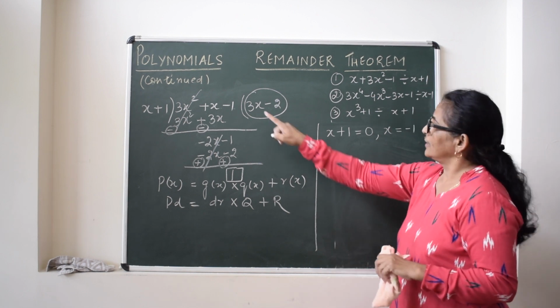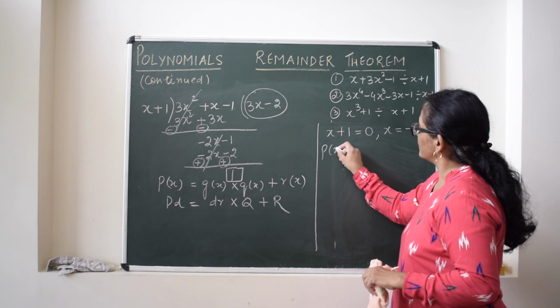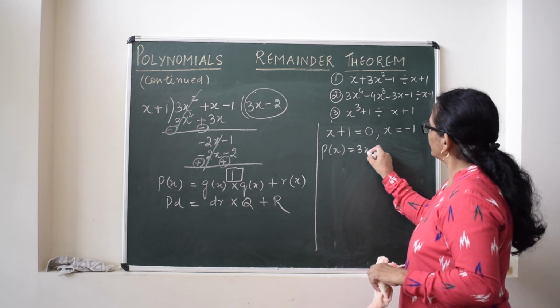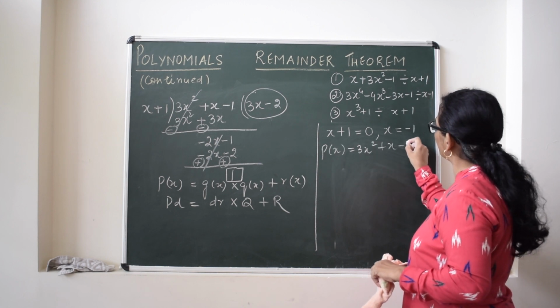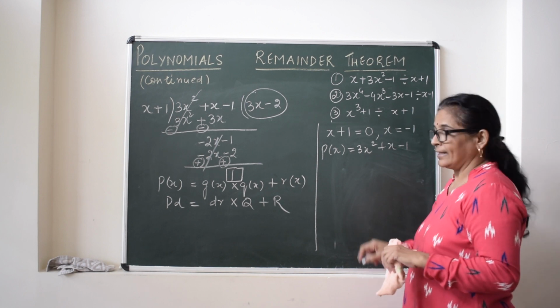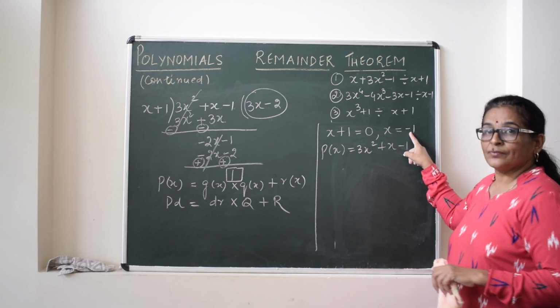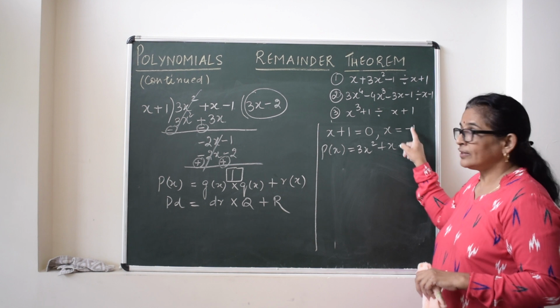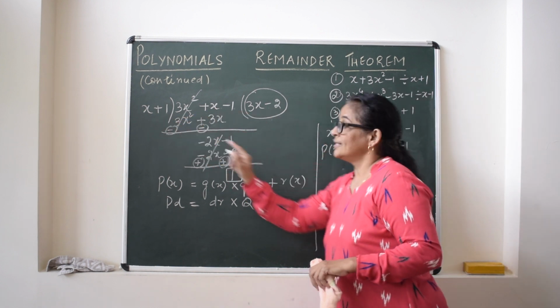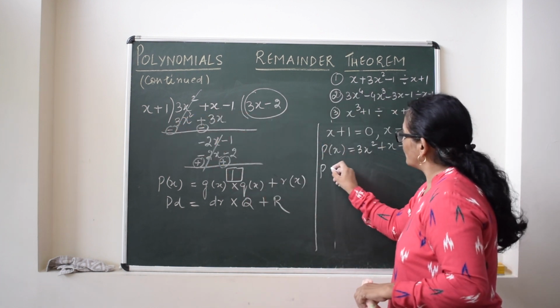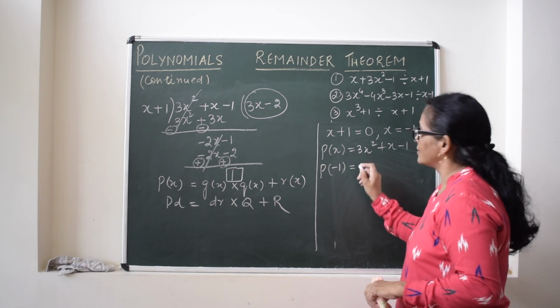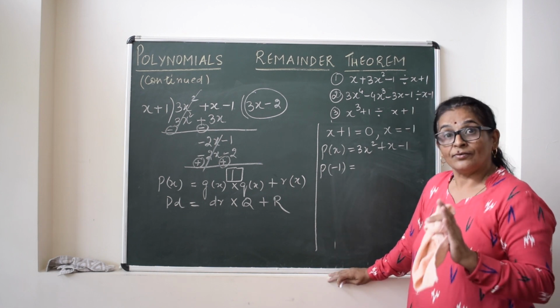It means that if p of x is given as 3x square plus x minus 1, then p of minus 1, from where have we got this minus 1? From the divisor only. This p of minus 1 will give us directly the remainder.